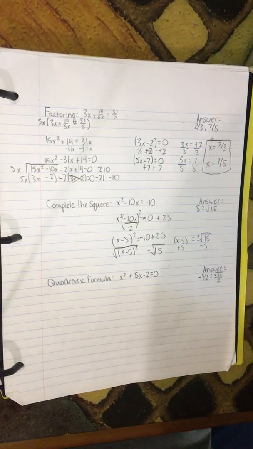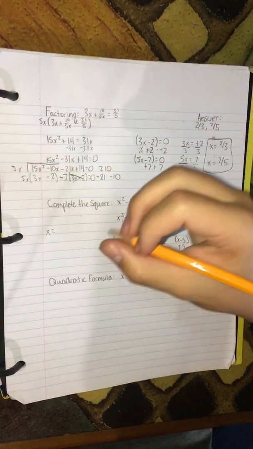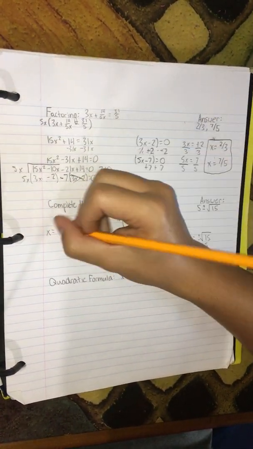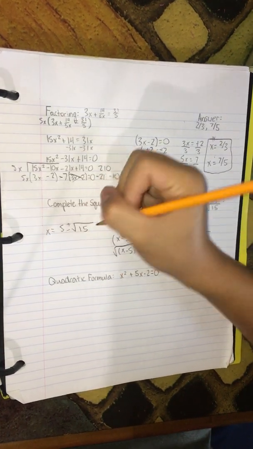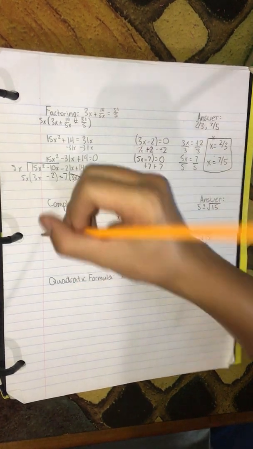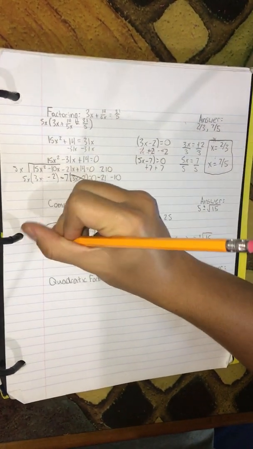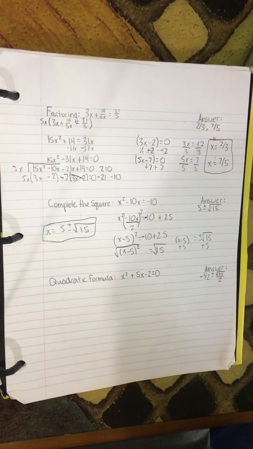So your new equation for x is x equals 5 plus or minus the square root of 15. And that matches the answer that you gave us. Second one done. And for the quadratic formula, I'm not going to say the jingle out loud.